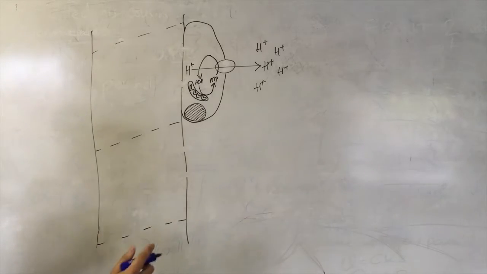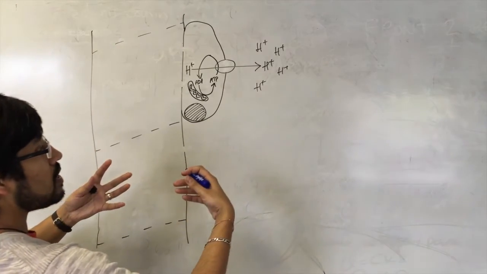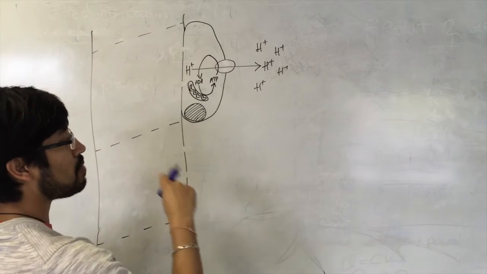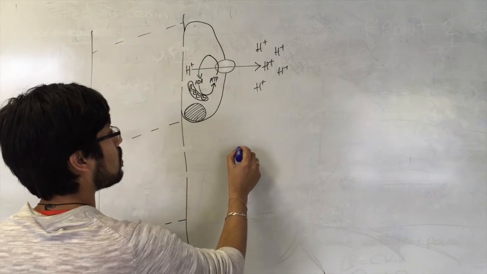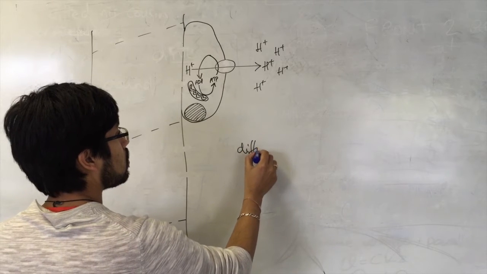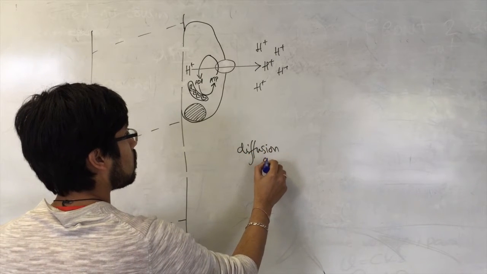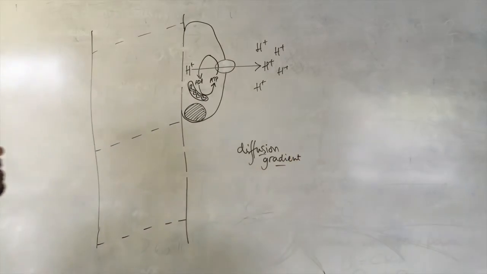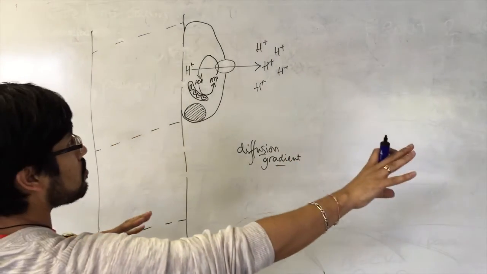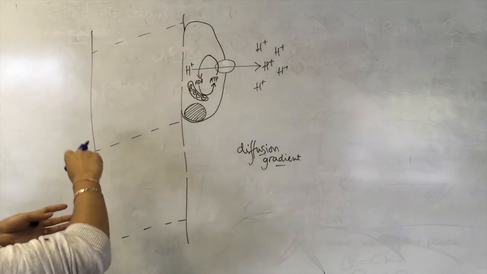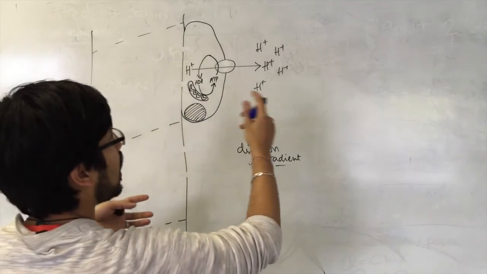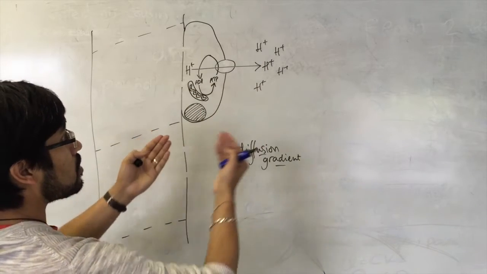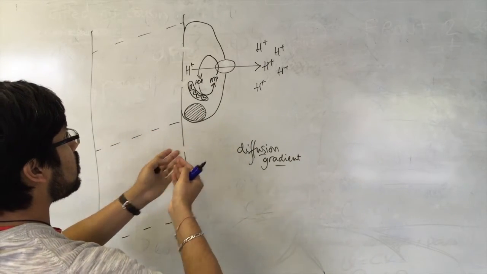So what we are creating, using the energy from ATP, is a diffusion gradient. Lots of protons outside, few protons inside, so we have created a proton gradient.